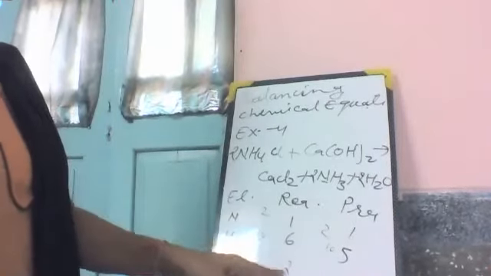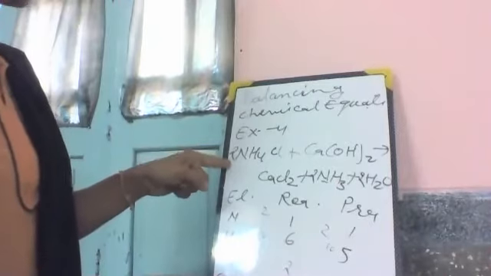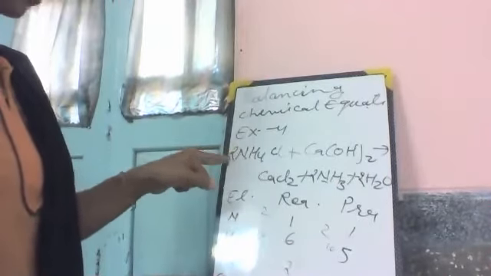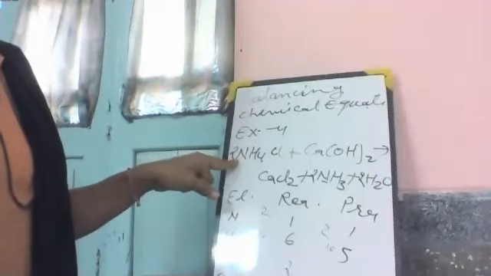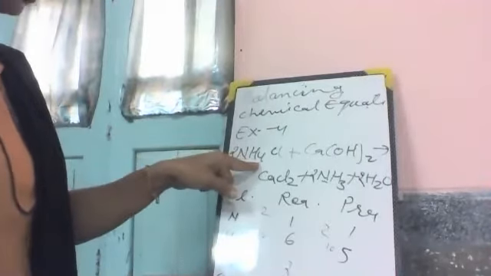This is the way. First we have to make the chlorine 2. To make it 2, we have to multiply NH4Cl by 2, and from this N becomes 2 and hydrogen becomes 8 here.